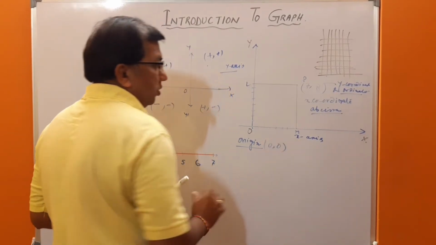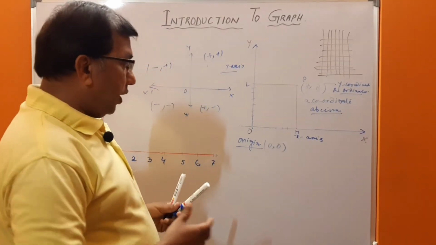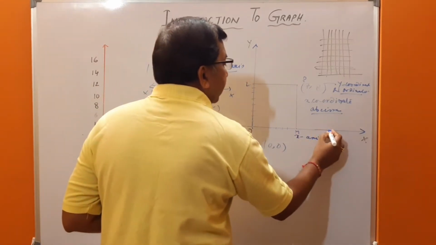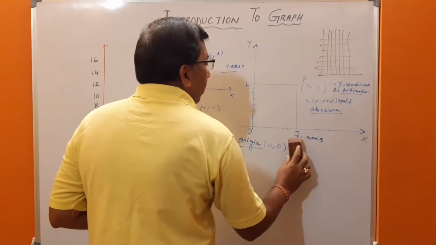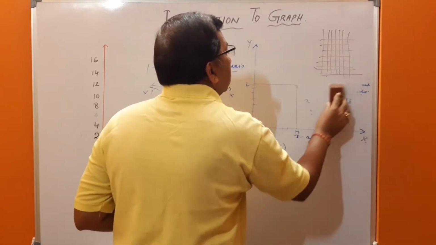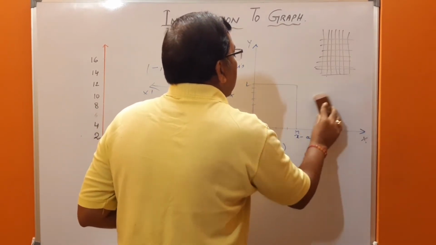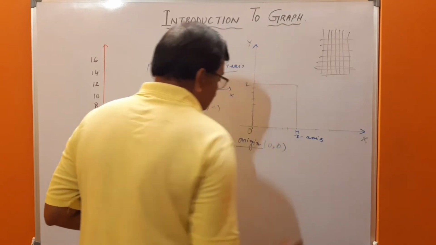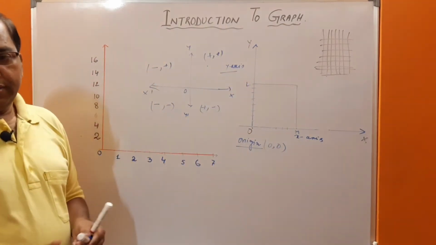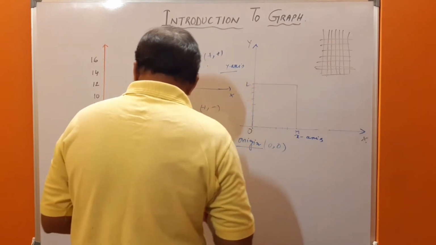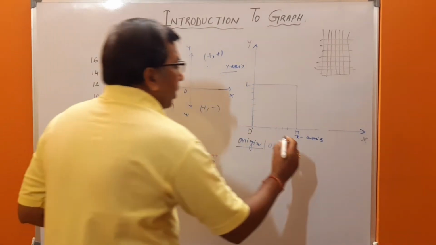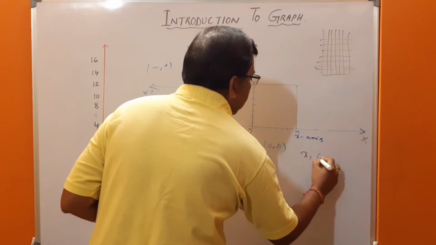If you want a point on the x-axis, so what will that be? What would be the coordinate? That is in the x-axis, that means it will be x, 0.